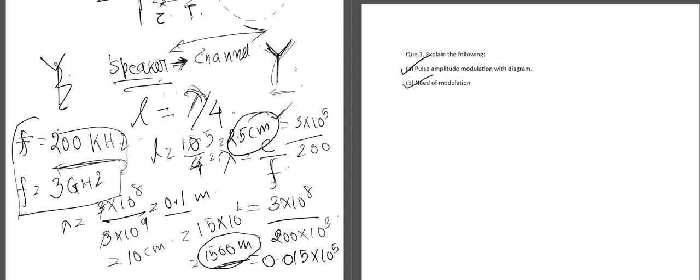And another thing is multiplexing. Multiplexing means, suppose I am in a room and there are 3 persons around me. I am not considering a crowded area.